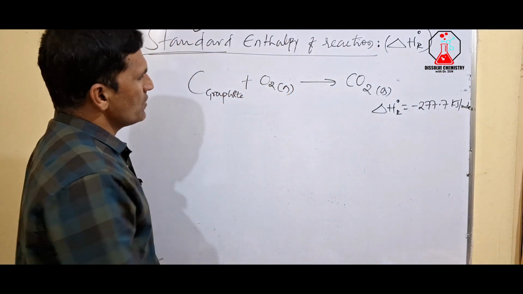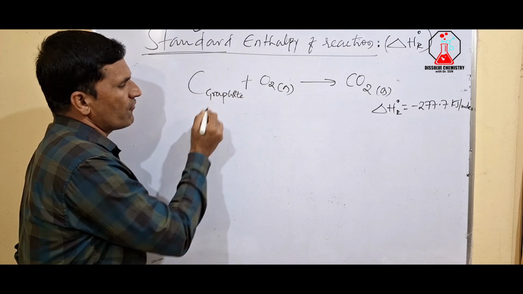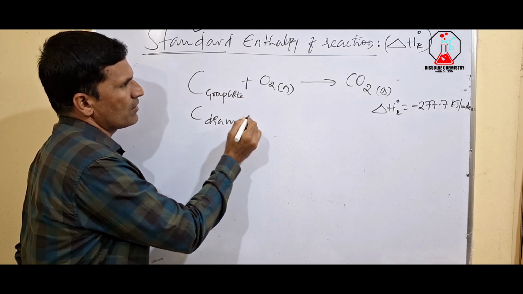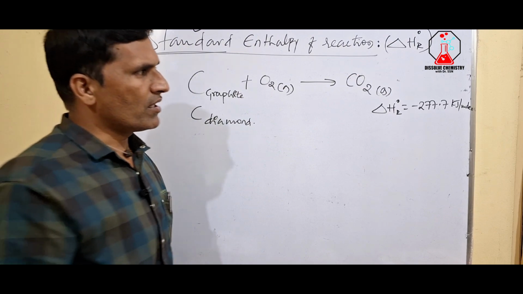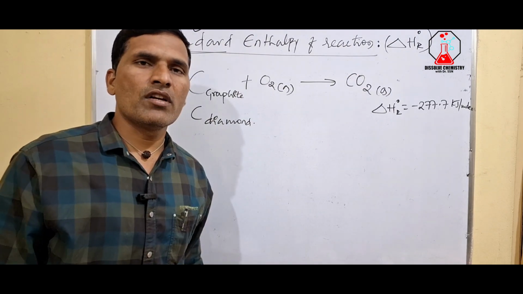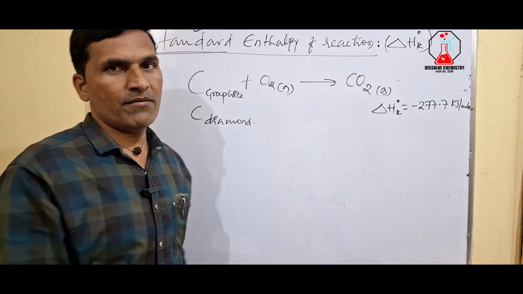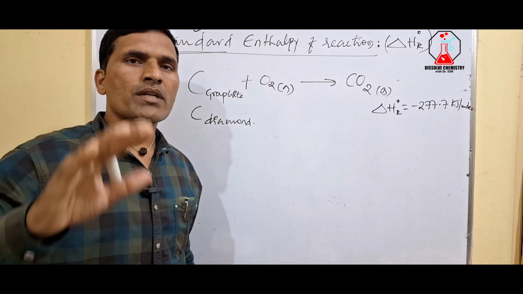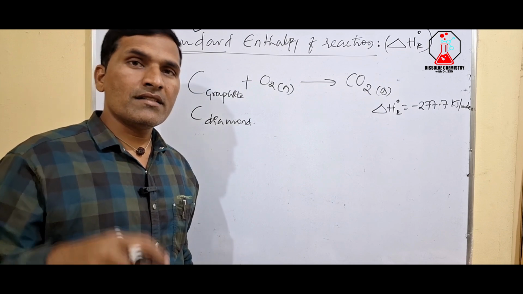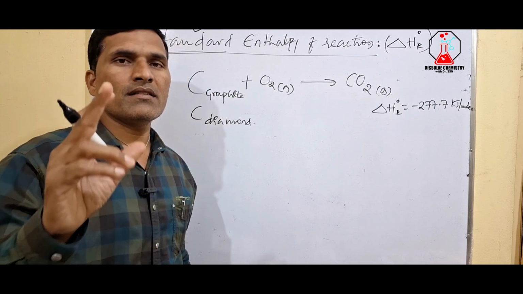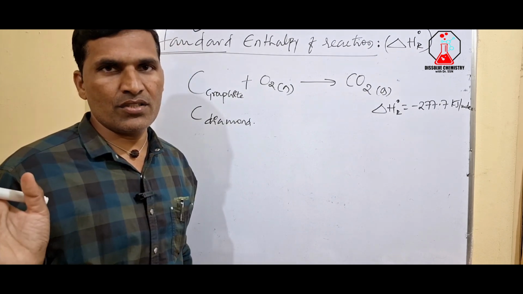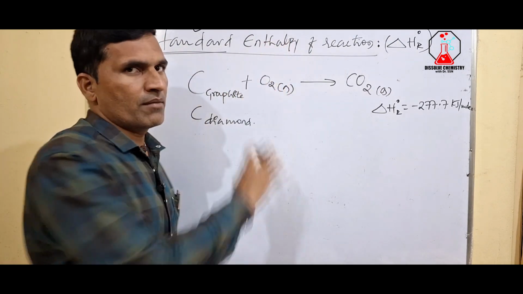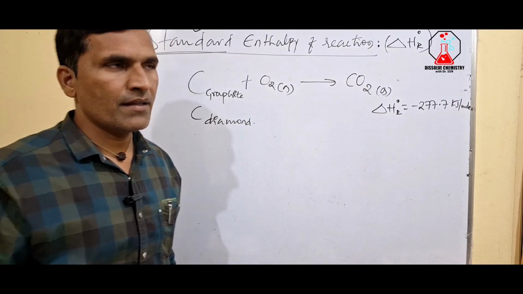Okay. Now suppose instead of carbon graphite, we take carbon diamond and go for combusting it, whatever enthalpy you get, we cannot call it what? Standard enthalpy of the reaction, because it is one of the conditions that you have to take the reactants and their products in a standard state under the given conditions. Okay, then only we call it standard enthalpy of the reaction.